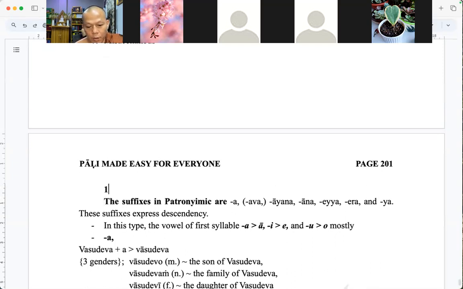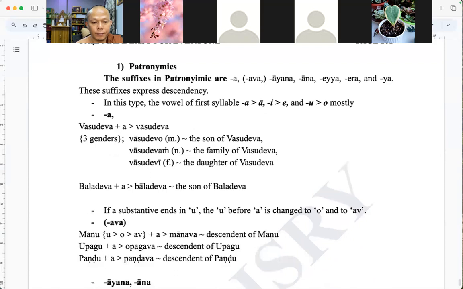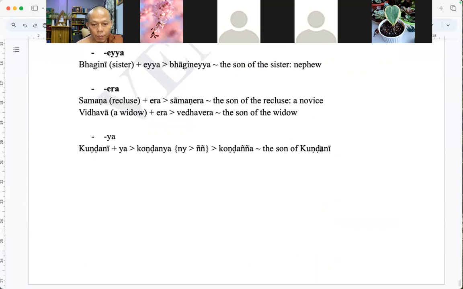So this is actually the first one. Patronymic. Okay. Now the second one.